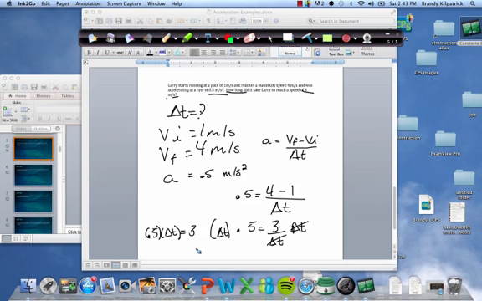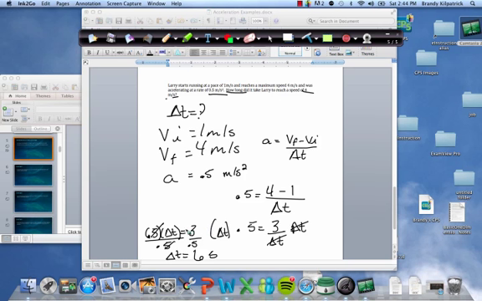Now it's much easier to see what I need to do to get delta t by itself. So I'm going to divide both sides by 0.5, and delta t is equal to 3 divided by 0.5, which should be 6, and then it's going to be seconds.